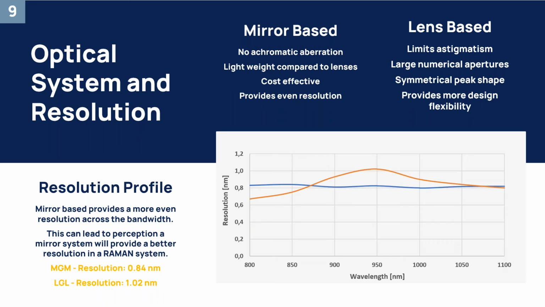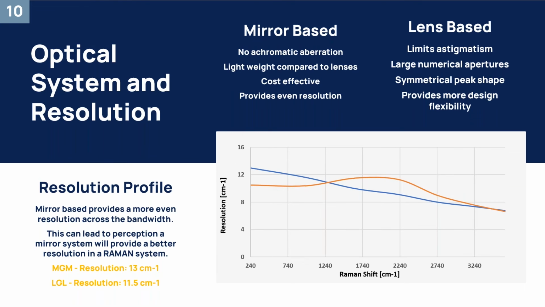And even though the resolution for a lens-based system is about 1 nanometer at its worst in the middle here, when we actually convert that into Raman resolution, wavelength shift, we actually see that the, quote unquote, worst resolution achieved is actually better for the lens system. But it depends on where you are in the spectrum, at what Raman shift basically we are looking at.